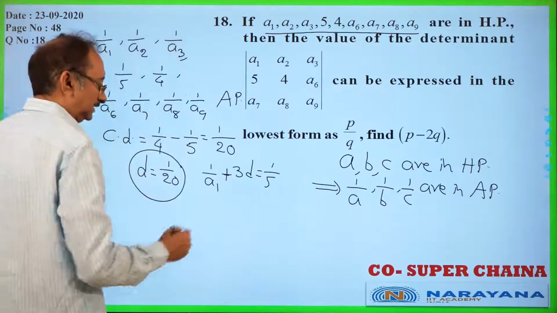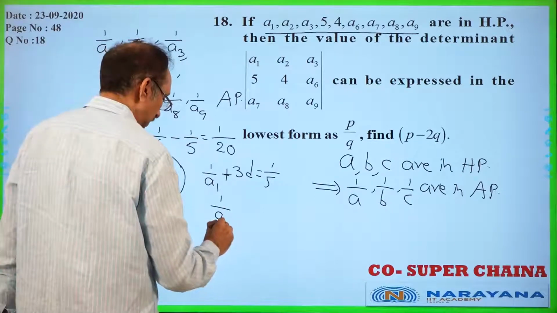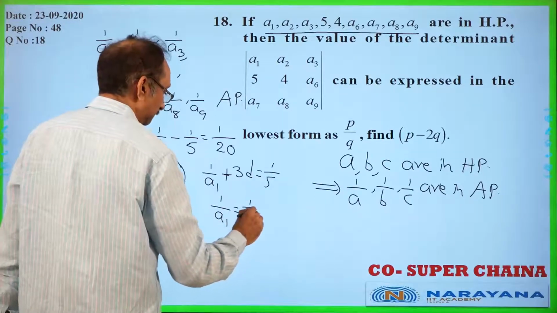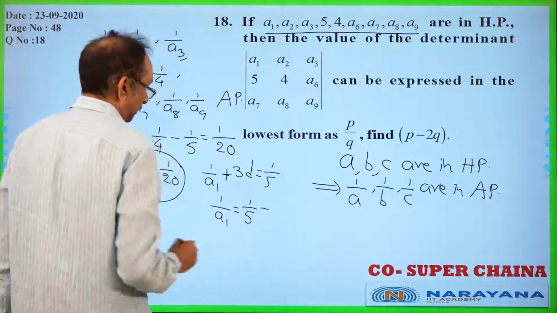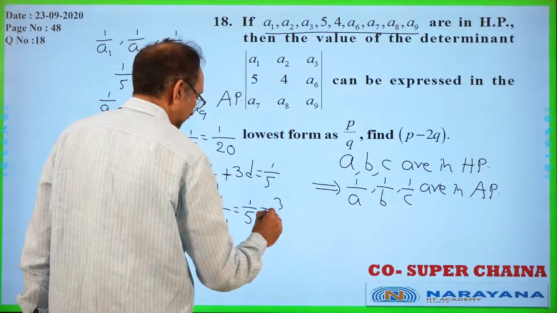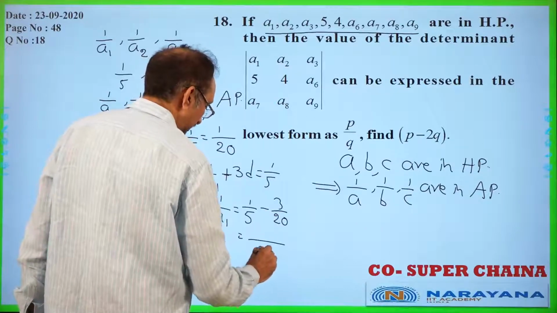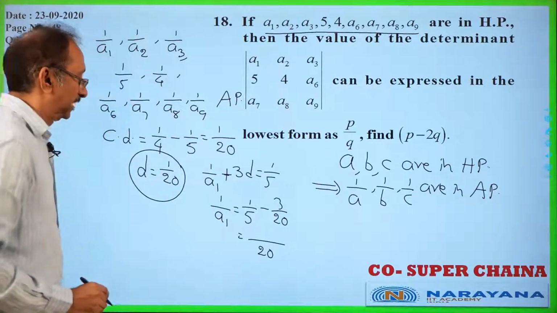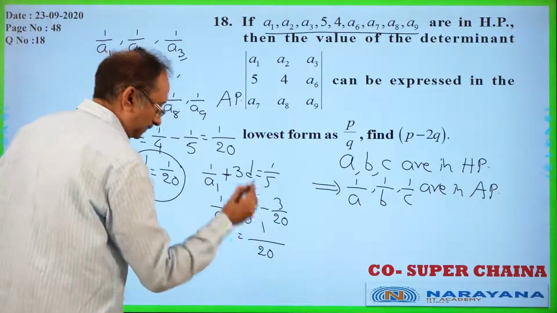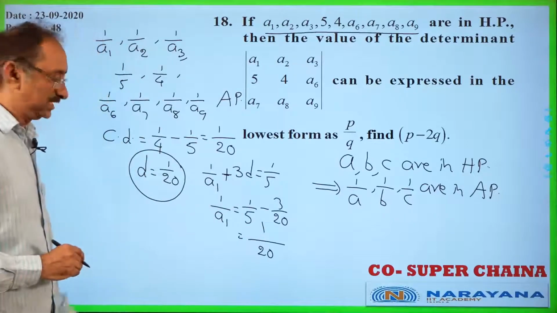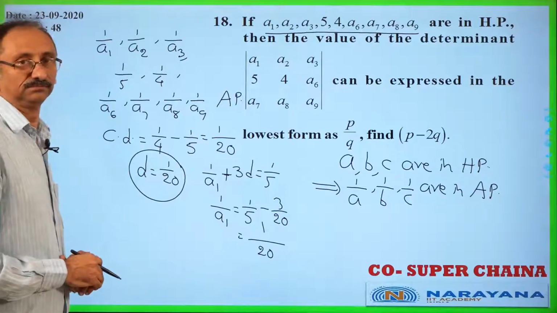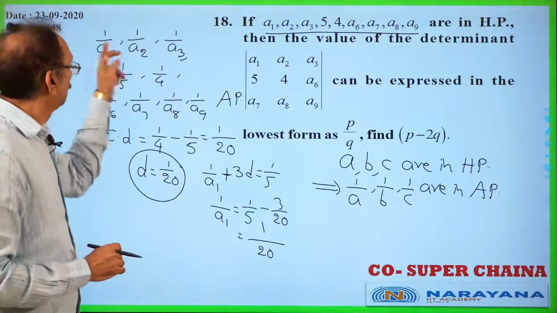So 1 by A1 is equal to 1 by 5 minus 3 D, that is 3 by 20. So 20 is LCM and 4 minus 3, 1 by 20. And see, the first term is 1 by 20.